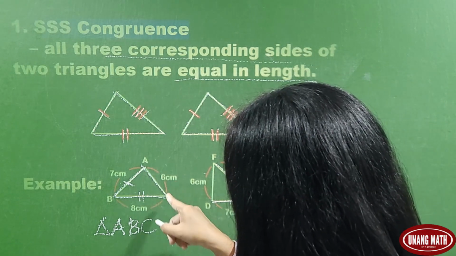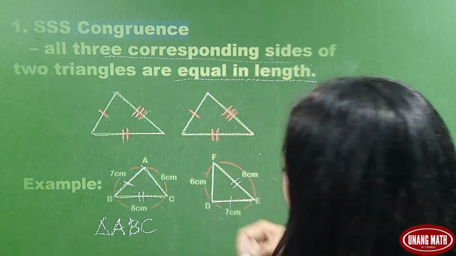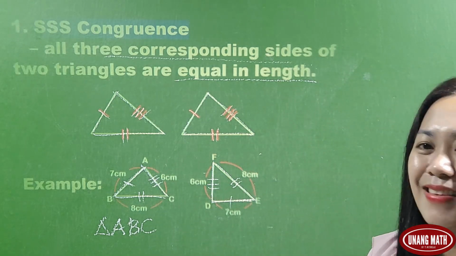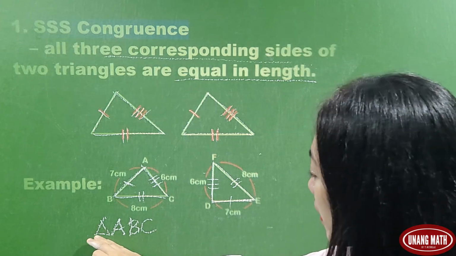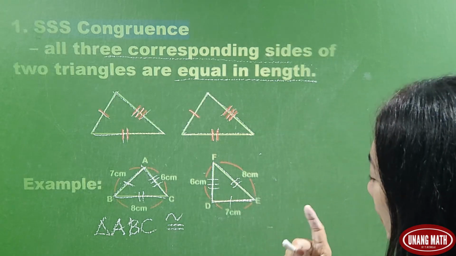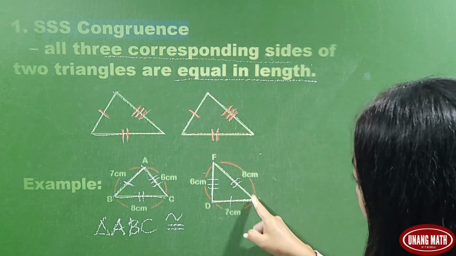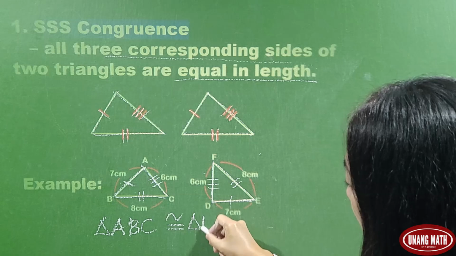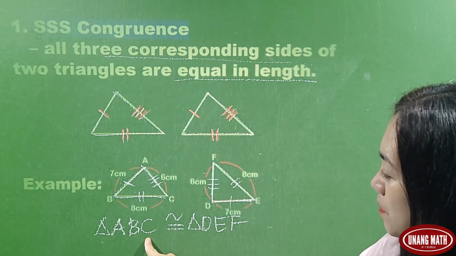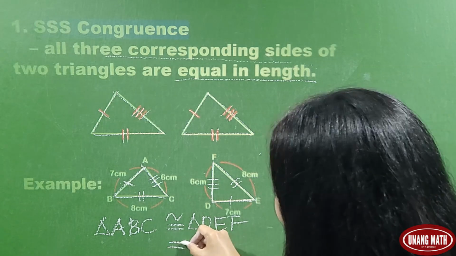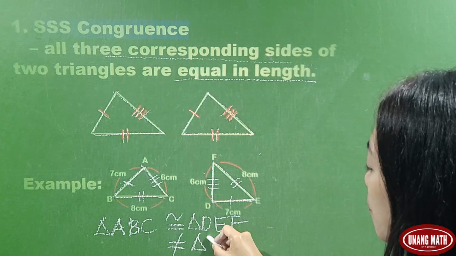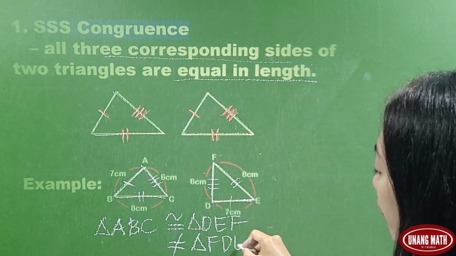So this side corresponds to this side. This side is 6 centimeters. This is also 6 centimeters. So this side corresponds to this side. So it means triangle ABC is congruent to triangle DEF. Triangle ABC is not congruent to triangle FDE.